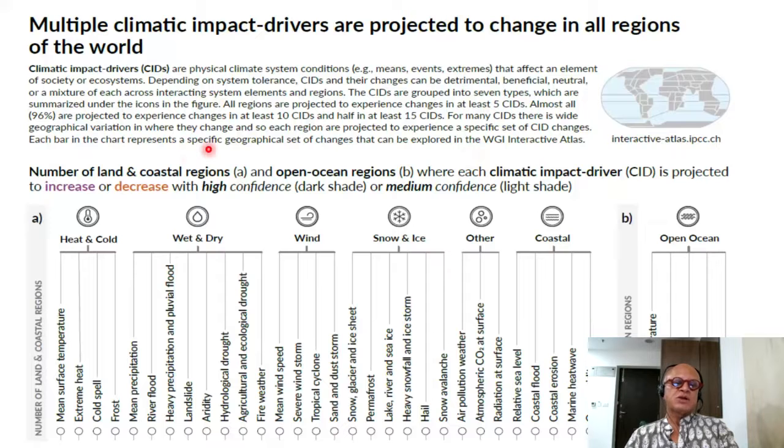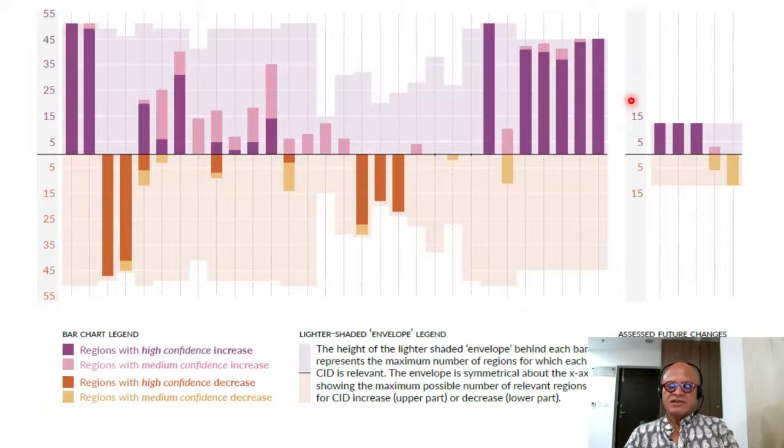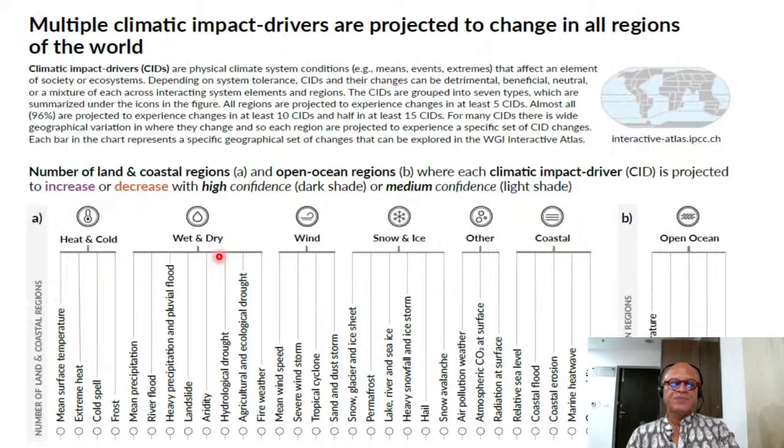Each bar in the chart represents a specific geographical set of changes that can be experienced in the Working Group 1 Interactive Atlas, which is here. So I will show that next, but just look at this, and I won't spend too much time on the details.